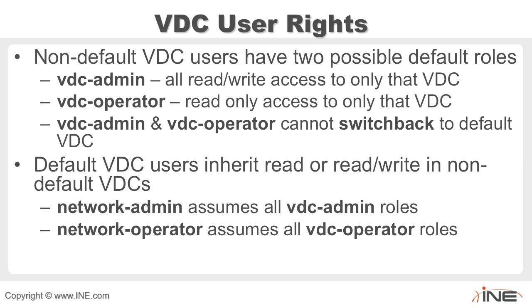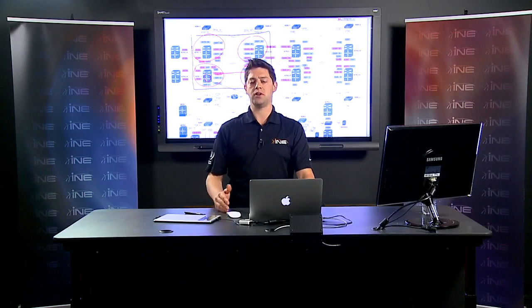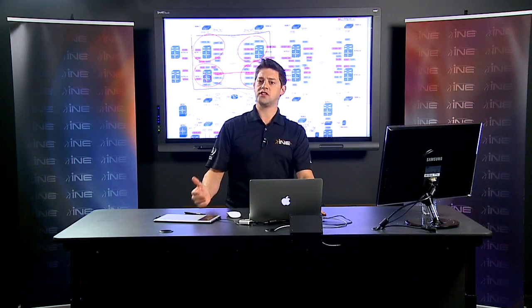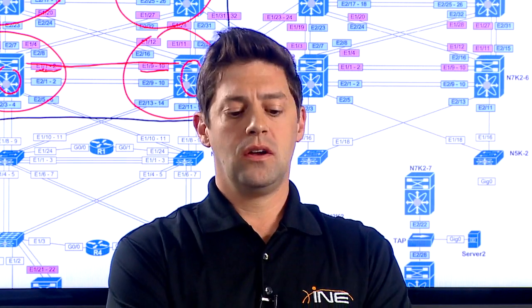Okay? And as they switch to a non-default VDC, they inherit all the VDC admin or VDC operator roles, respectively. So they inherit their same level of admin or operator role. And this is not vice versa. So in other words, if I'm a VDC admin, I'm not going to inherit network-admin rights.